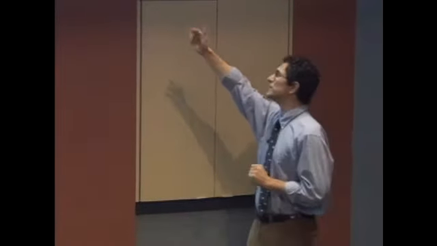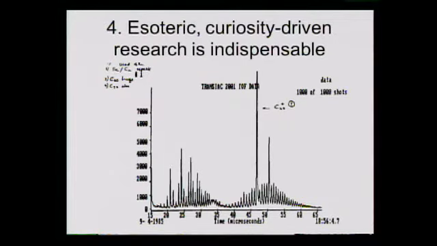But even there, I think it's important to note just how crucial it was that Curl and Smalley and Heath and O'Brien and Liu had the liberty to stop what they were doing, to look at this anomalous result, to ask, why is there this really curious peak at 60 carbon atoms, and then to reorient their research programs to take advantage of that anomaly, to pursue this intriguing question without having to constantly justify any sort of near-term application.